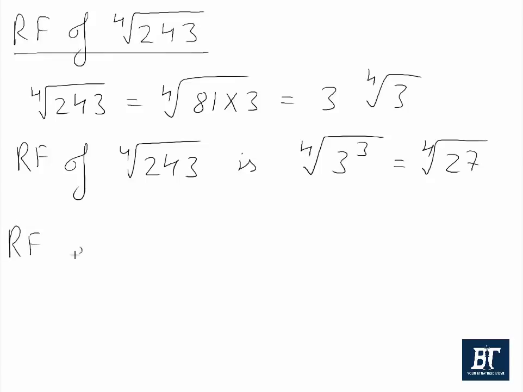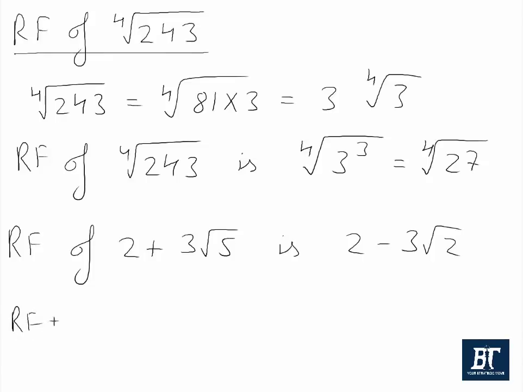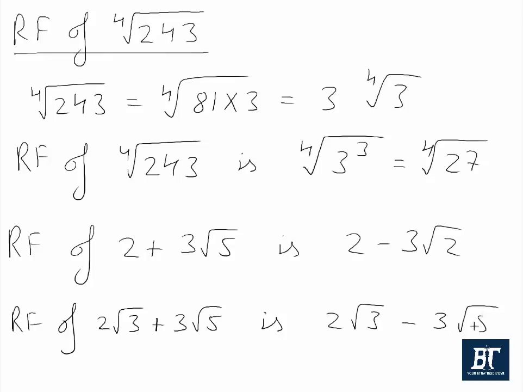Now rationalizing factor of 2 plus 3 root 5 is 2 minus 3 root 5. Rationalizing factor of 2 root 3 plus 3 root 5 is 2 root 3 minus 3 root 5.